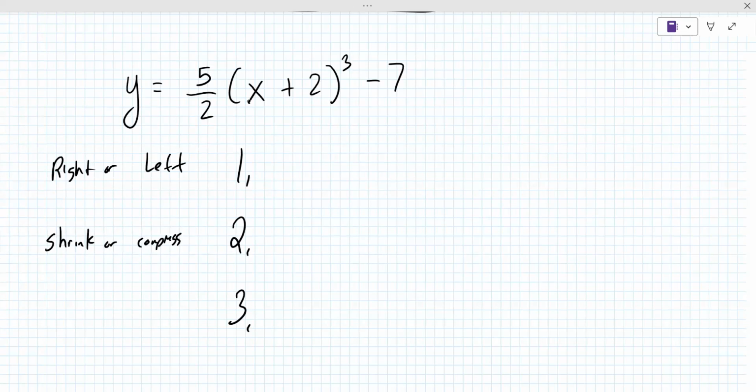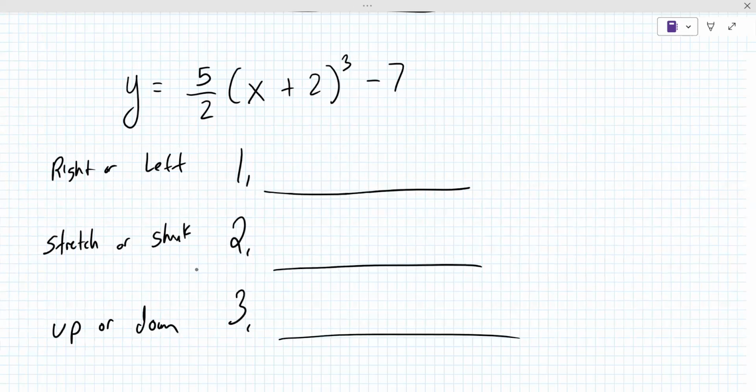I'm sorry, I'm using the wrong words here. The last one is up or down. So I want you to tell me the transformations here, please, in order: how much right or left, stretch or shrink, and then up or down.